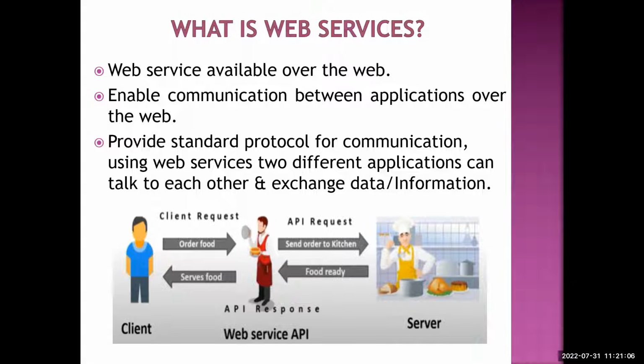Or you can simply use that information. So a web service provides a standard protocol for communication. Using web services, two different applications can communicate with each other and exchange their data. Correct? This is the point that we covered in the last class.